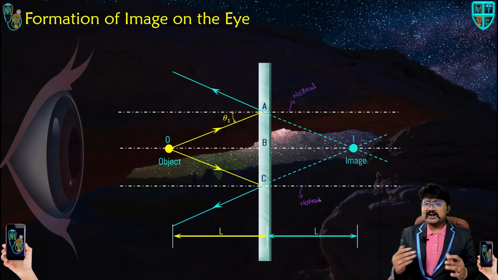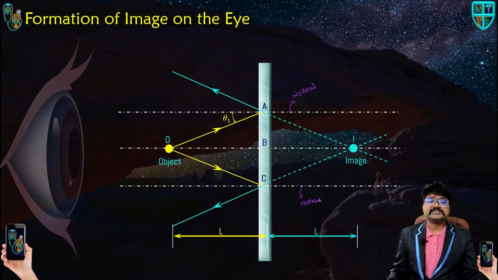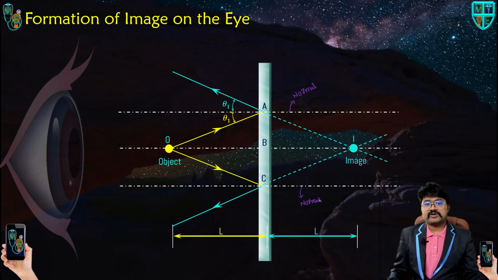Here we already know the angle of incidence equals the angle of reflection.